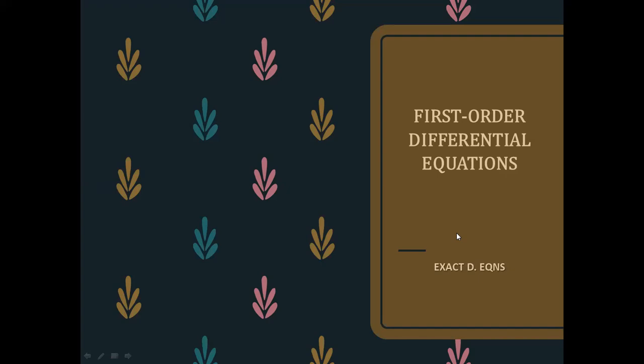Meaning functions of x should be with the differential of x and functions of y should be with the differential of y. If these two are mixed and there is no way for you to separate such functions, maybe your first order differential equation is not separable in the first place. So you need to look for another method or another type that it will fall under.